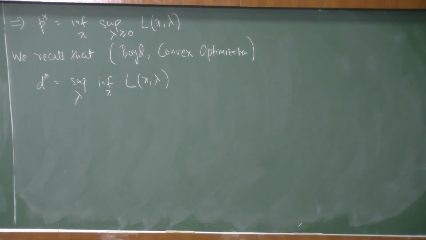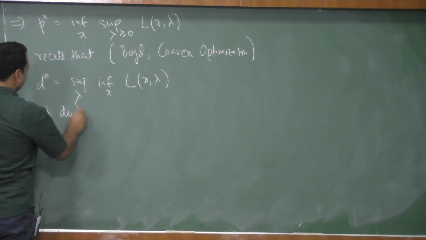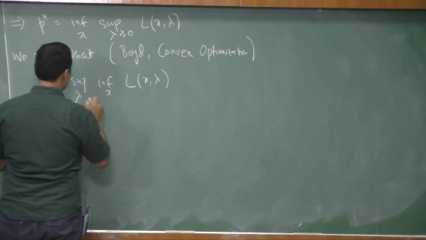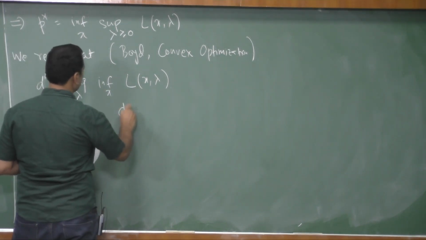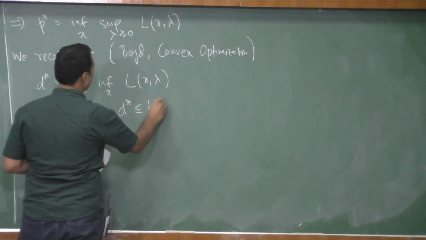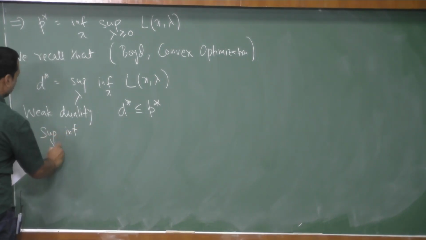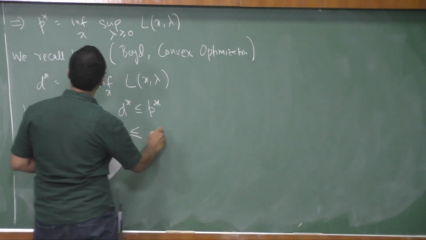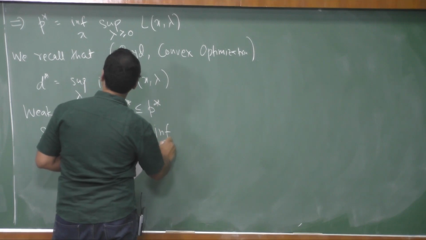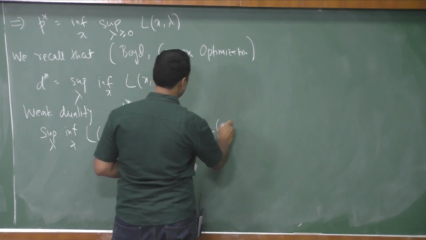So weak duality can now be interpreted as: d star less than or equal to p star is equivalent to saying that sup inf of L(x, lambda) is less than or equal to inf sup over lambda greater than or equal to 0 of L(x, lambda).